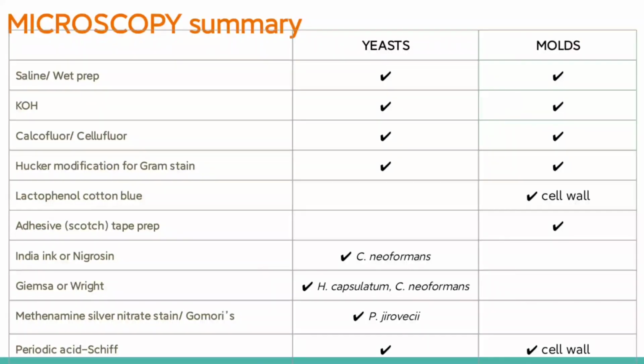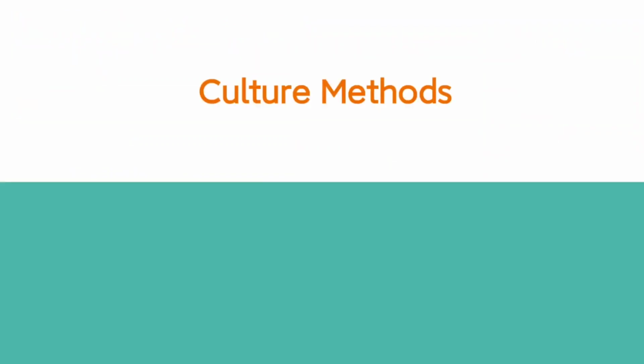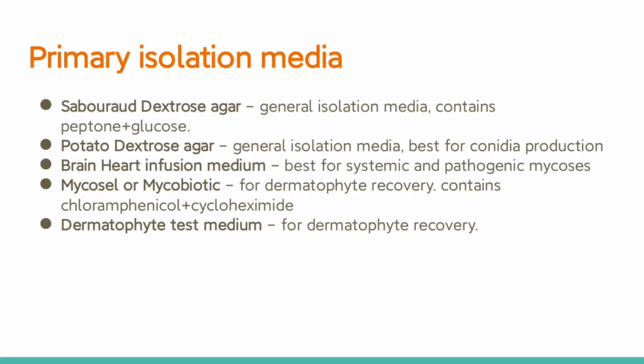Okay? So, next we have the culture method. Okay, so for primary isolation media, meaning yung pinakauna mong, kung saan mo unang lalagay yung mga fungal specimens mo. Okay, so saan mo sila ipaplant, kumbaga. So first one, we have the SDA or yung Sabouraud dextrose agar.